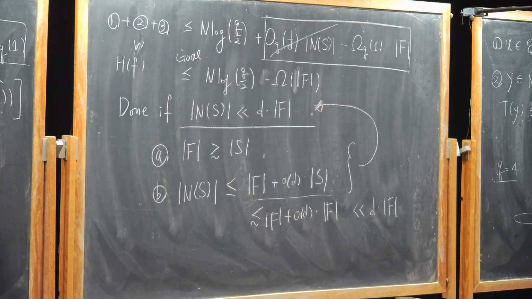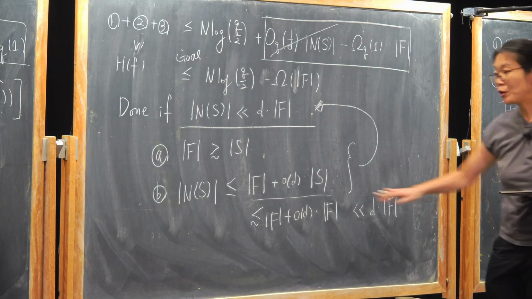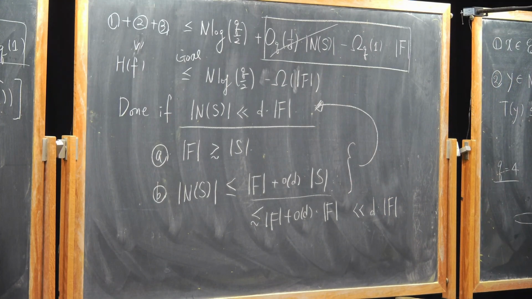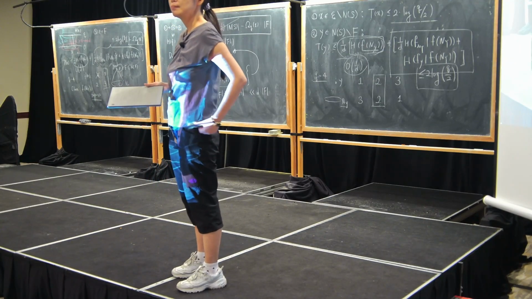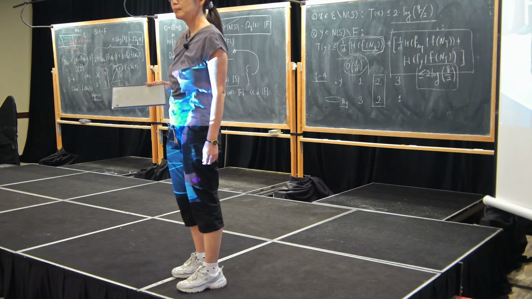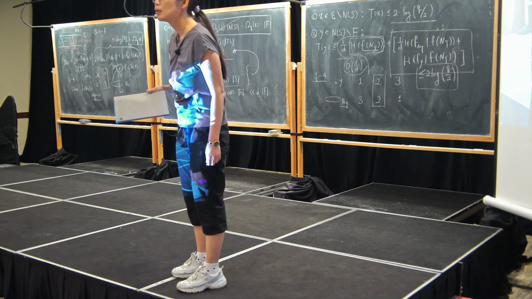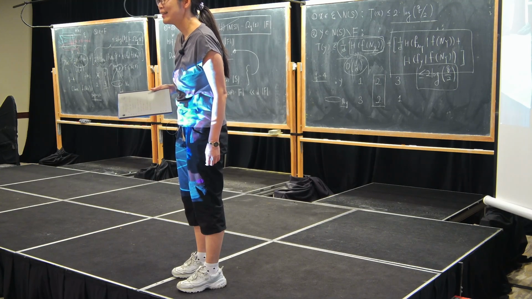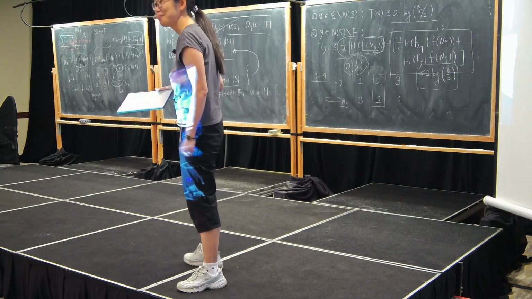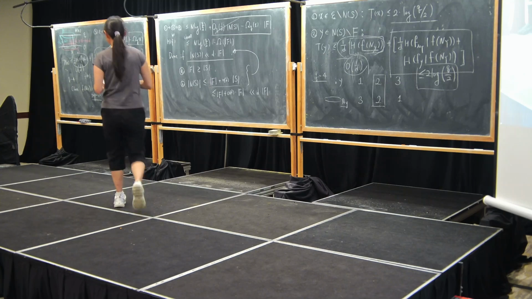OK, then my question, why do we have B? So the number of neighbors outside F should be very small, like little o of D? Yes, great.